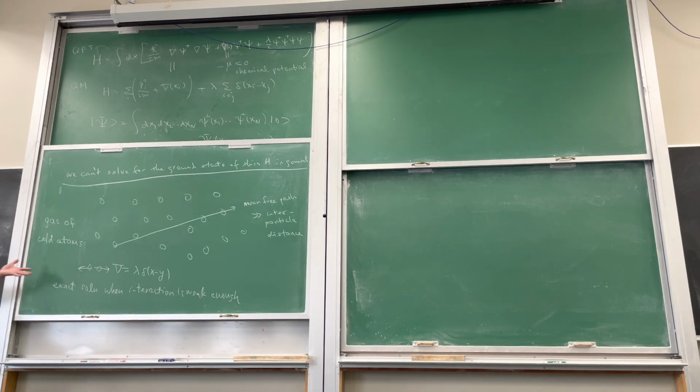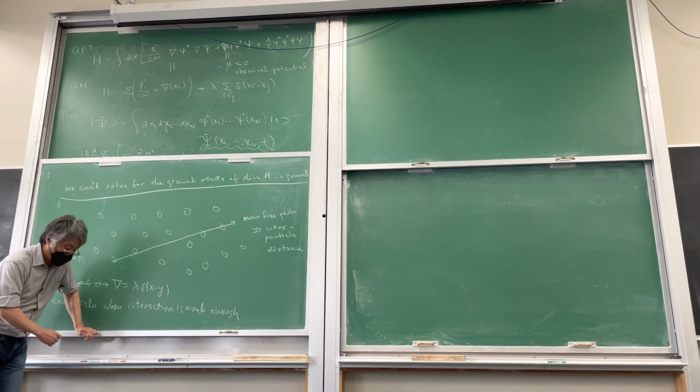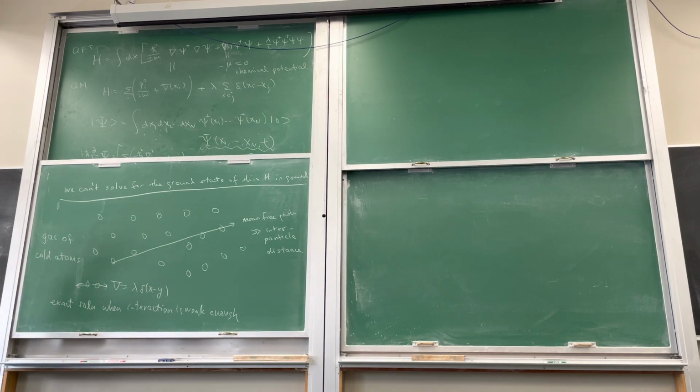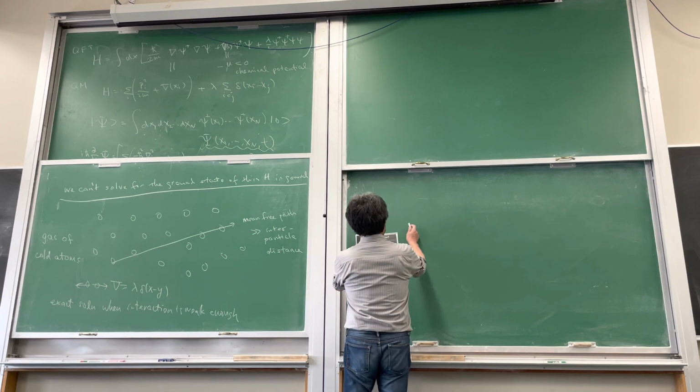So in this limit, you can sort of pretend that the interaction is negligible. So in that limit, you can actually solve this problem exactly and find the ground state. And in terms of these parameters in the Lagrangian or Hamiltonian you see on the blackboard, this condition turns out to be this.